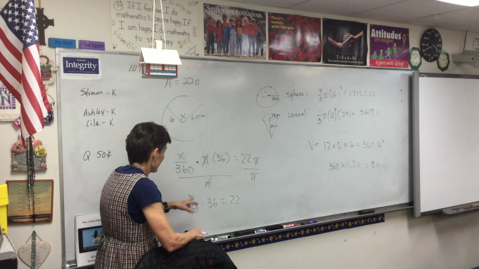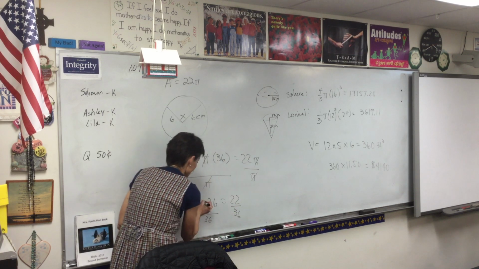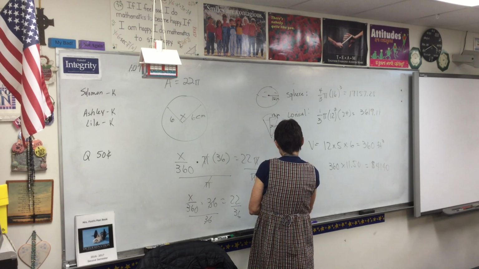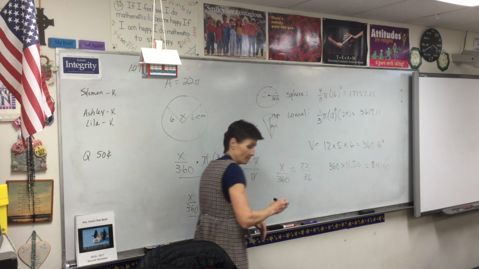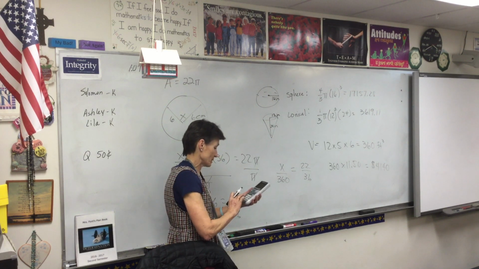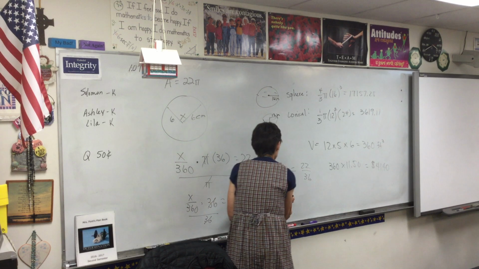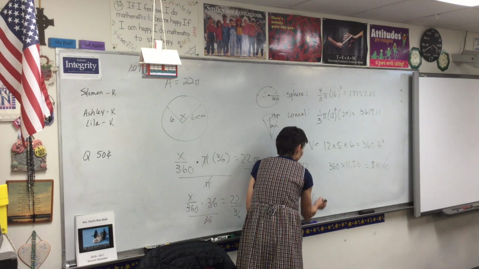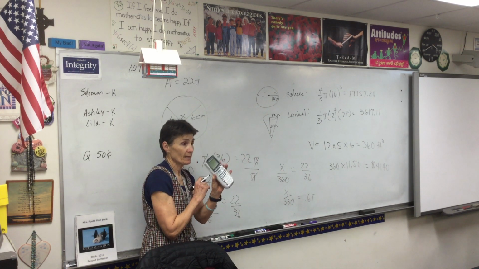Well, we can divide by 36 because that's a times. So we have x over 360 equal to 22 over 36, which I can make into a decimal. So I have x over 360 equal to 0.6111 repeating. And then what am I going to do to get x?